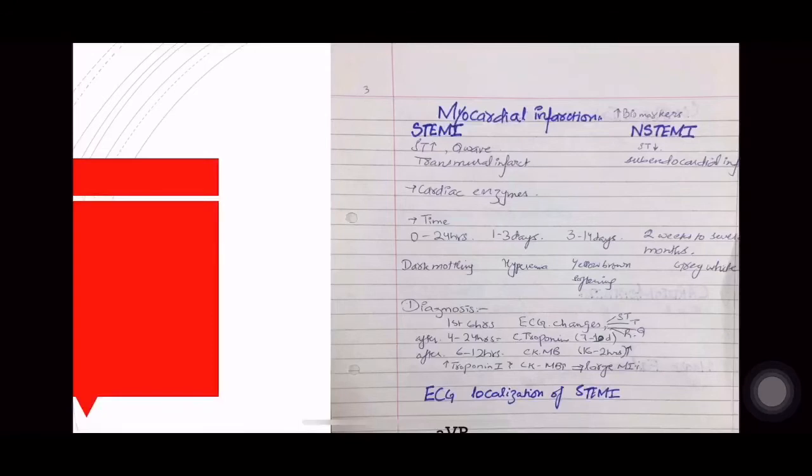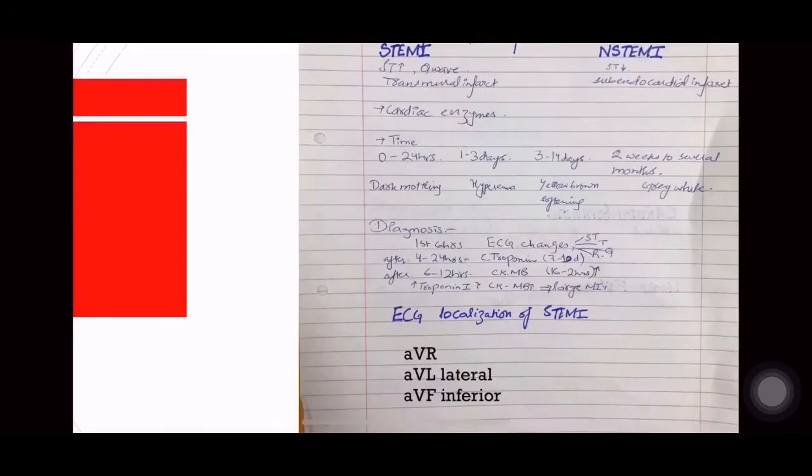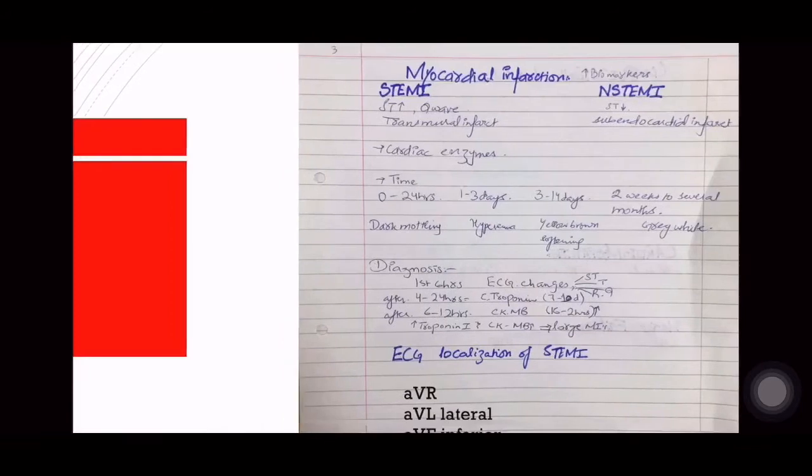Timing is 0 to 24 hours, dark mottling 1 to 3 days, hyperemia 3 to 14 days, yellow-brown softening, and 2 weeks to several months gray-white appearance. In non-STEMI, there is decrease in ST segment and subendocardial infarction.